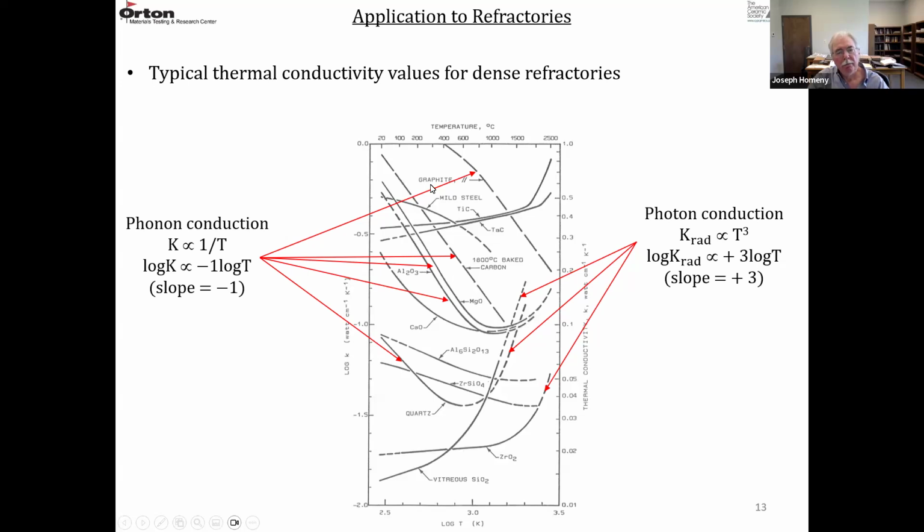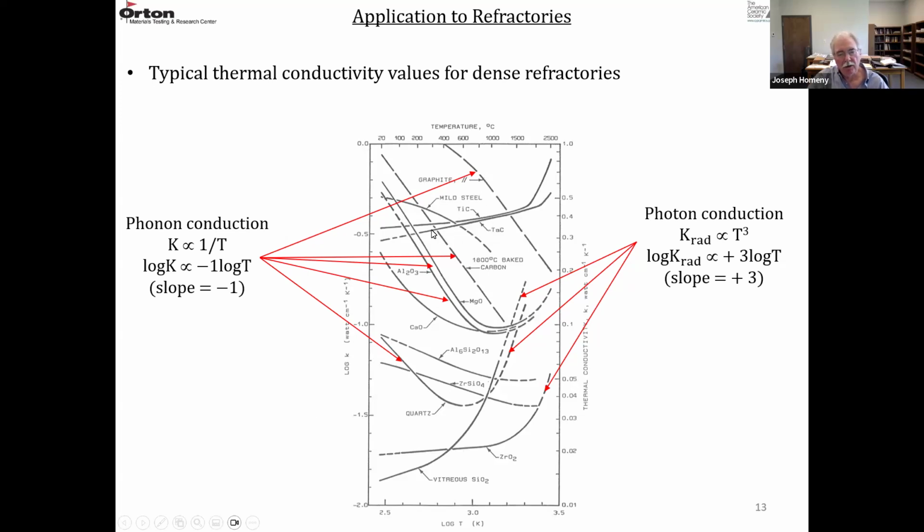So materials like graphite, carbon. Over here we have alumina, MgO, and quartz. These are our polycrystalline refractory type materials.